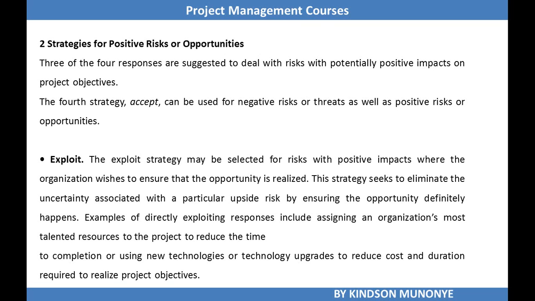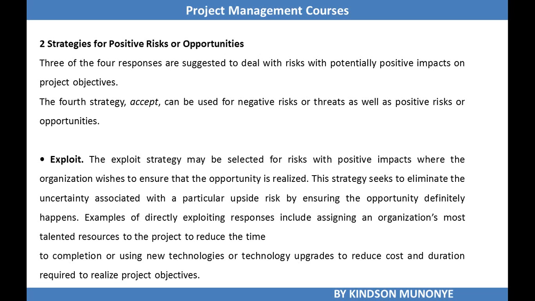Let's start with exploit. The exploit strategy may be selected for risks with positive impact where the organization wishes to ensure that the opportunity is realized. This strategy seeks to eliminate the uncertainty associated with a particular upside risk by ensuring that the opportunity definitely happens.